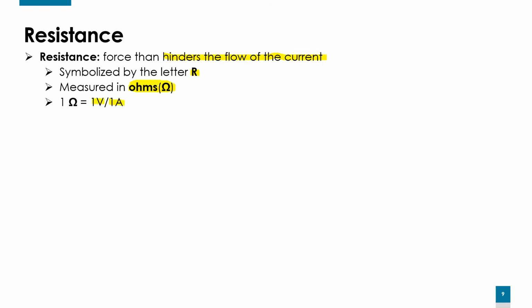That's why I told you that you need to understand what a volt and what an ampere are. If you don't know yet, please come back and watch the video about voltage and ampere, and then come back after. It's going to be much easier for you to understand this video.